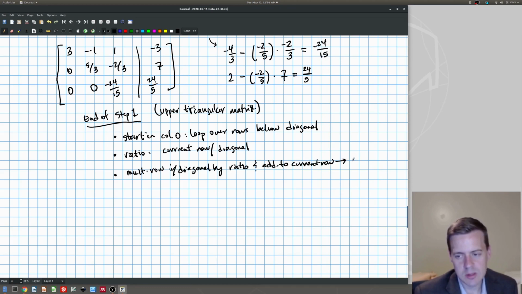And then I replaced my row. And then I did that in column 0, and then I looped over my columns, like we talked about.